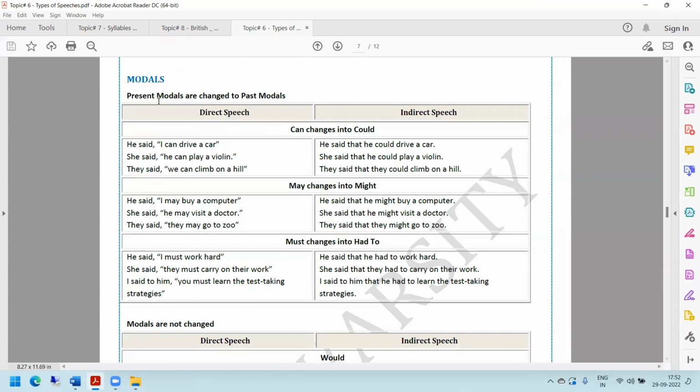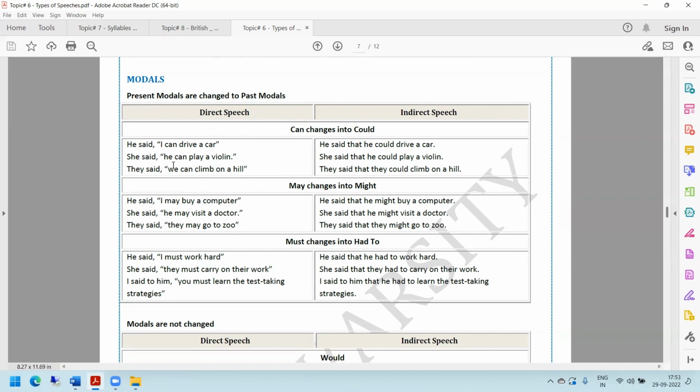Now, if we are using words like can, should, may, all those are called modal verbs. So here, present modals are changed to past modals. For example, modals means can, may, must, should. All these are called modals, which we will be discussing in detail.